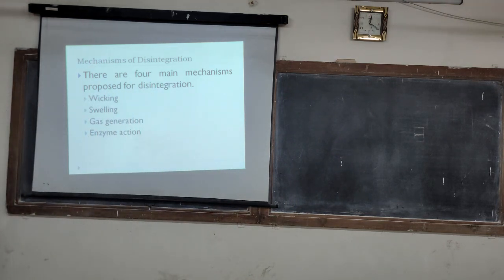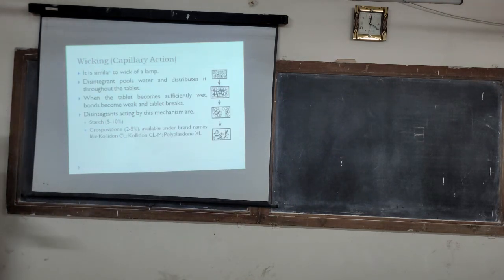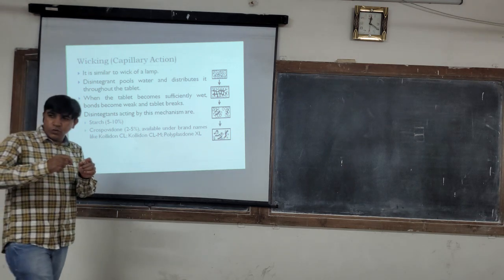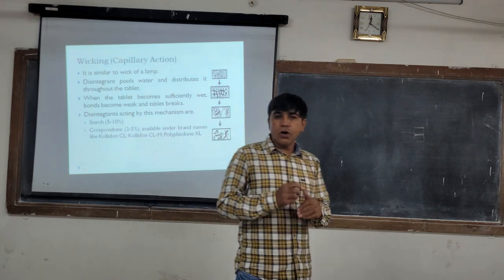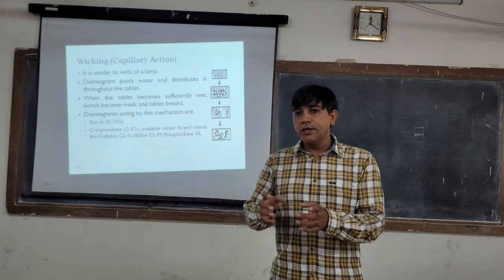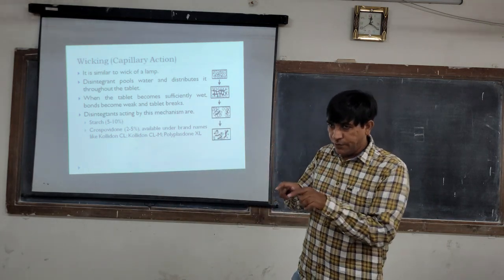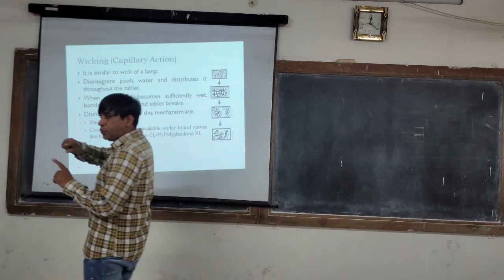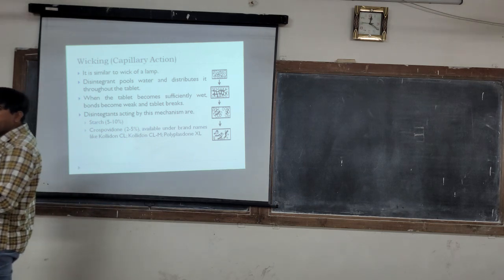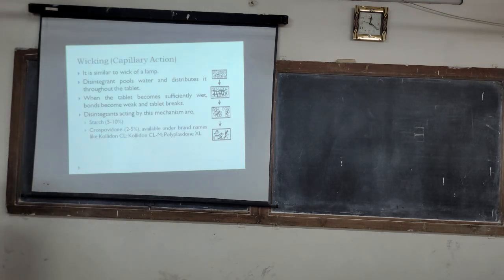First one is wicking. As the name says, wick, the literal meaning of wick is to absorb the water by capillary action. So all wicking type of disintegrants carry the dissolution fluid from the surrounding environment to the entire bulk of the tablet. They distribute the dissolution fluid to the entire bulk of the tablet, which makes the tablet weak.